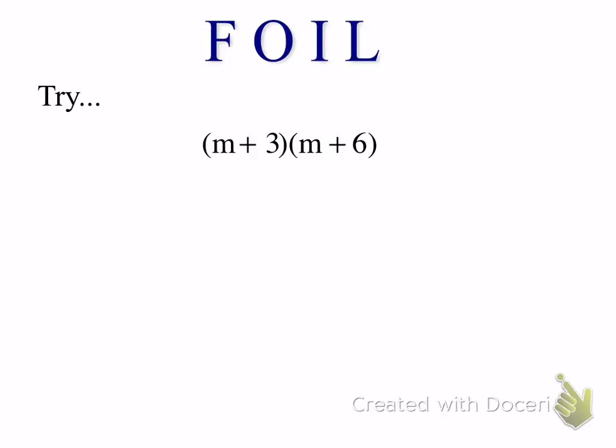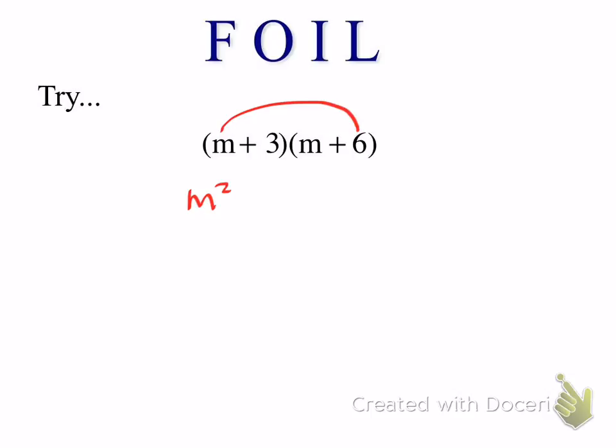All right, so you guys try it. FOIL this one. Go. Pause the recording. FOIL. Yeah, so what would I do first if I'm foiling? So you first find the first, which is the two m's. Okay, and that would be? M squared. Okay. And then for the outer, it would be m and 6.